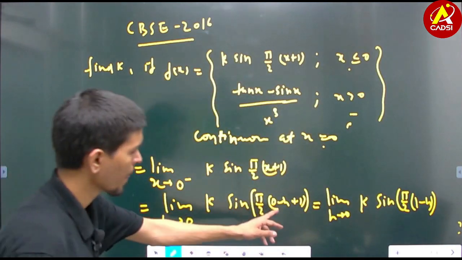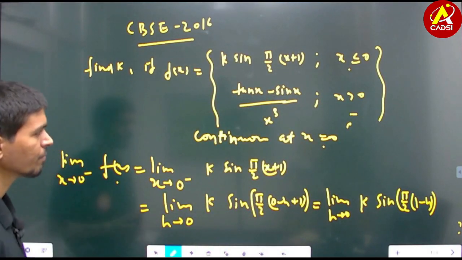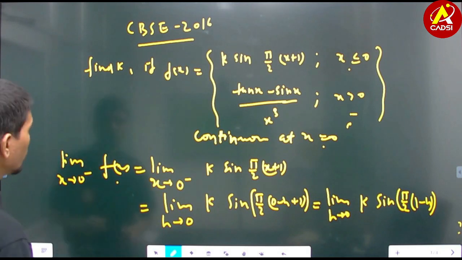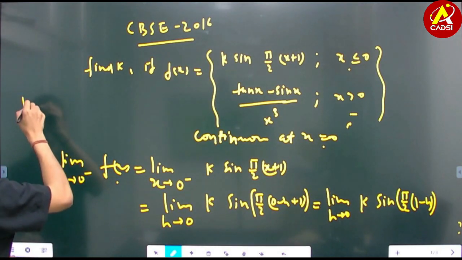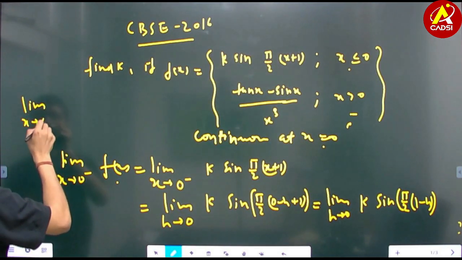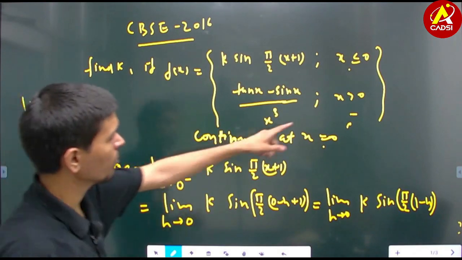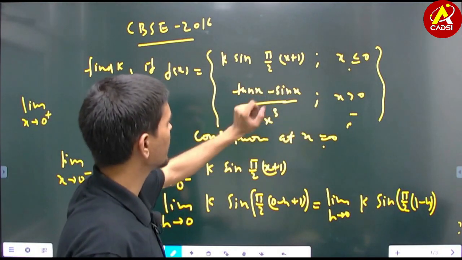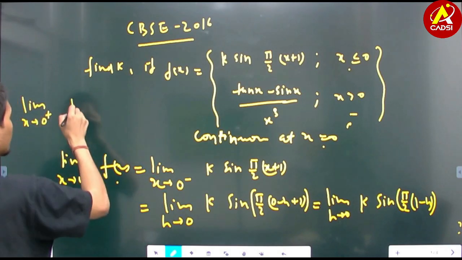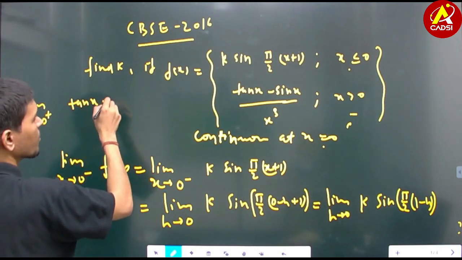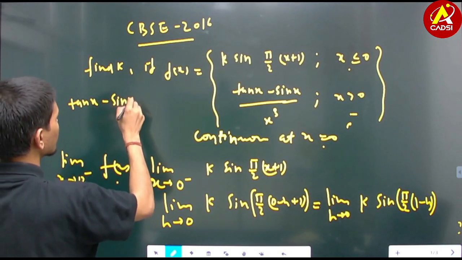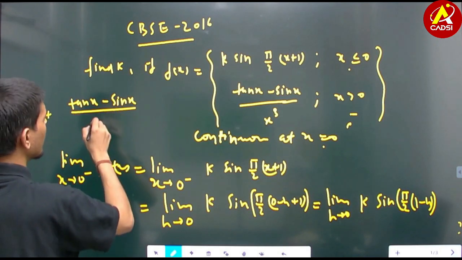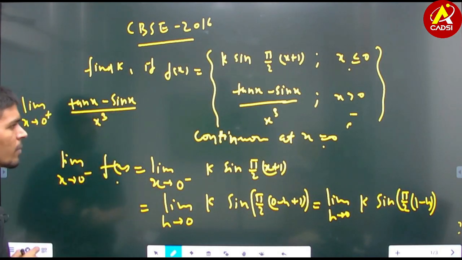Now for x tending to 0 plus, the function will be tan x minus sin x upon x cube.